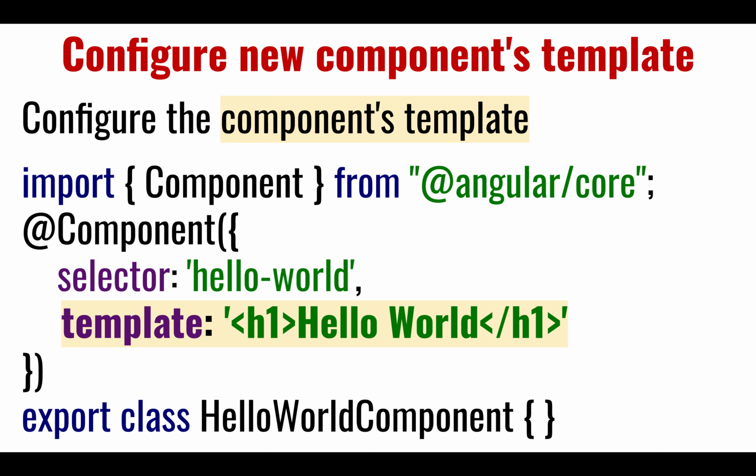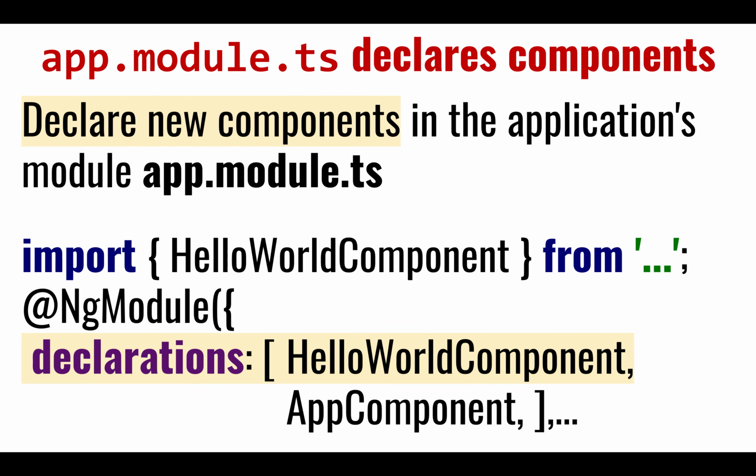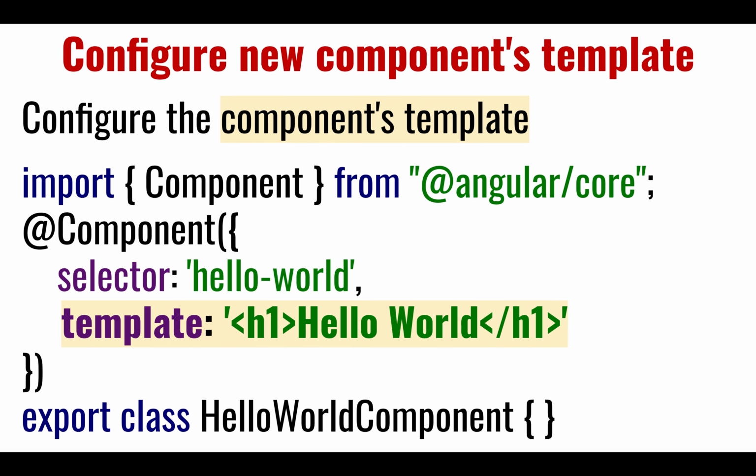We're not going to write the HTML here in the component. Instead, we're going to use an alternative method. Instead of template, we're going to use templateUrl. We're saying, hey, this other file is responsible for rendering. Make sense?